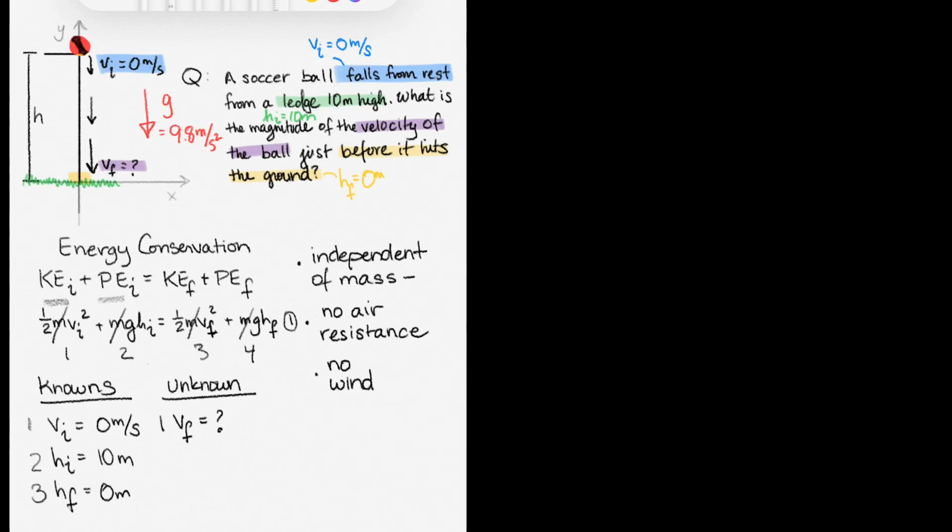If we want to be able to solve this with 1 equation, we can only have 1 unknown. So 1 equation, 1 unknown, we should be able to solve it.